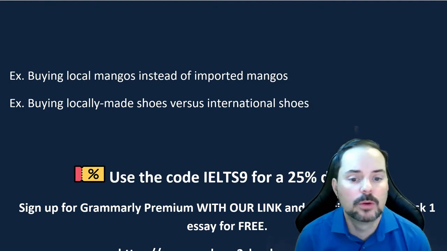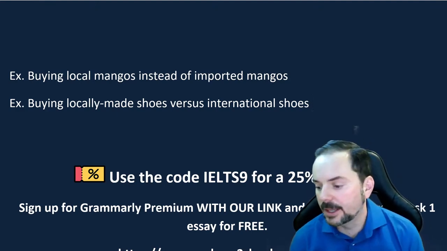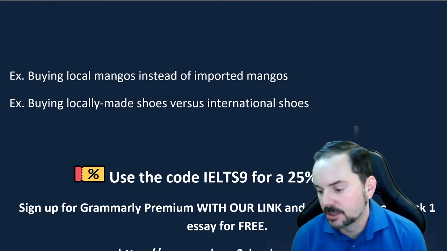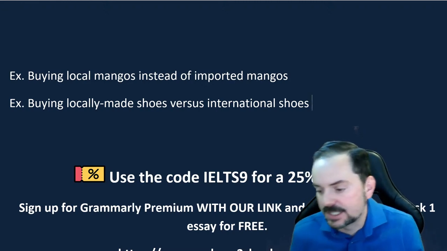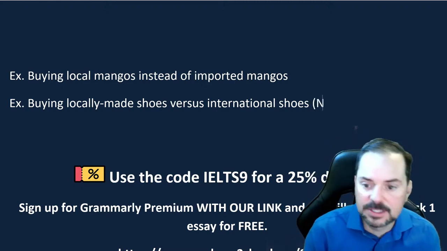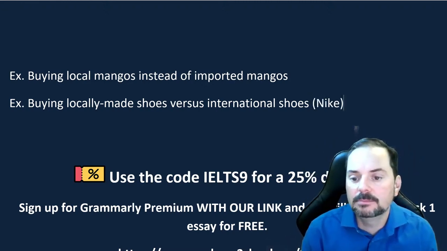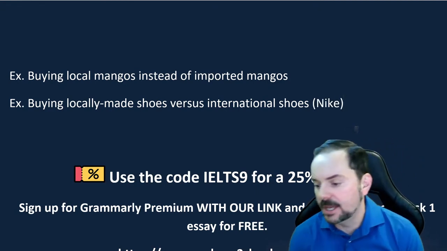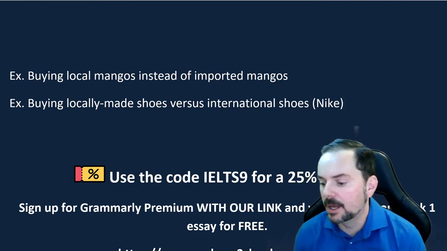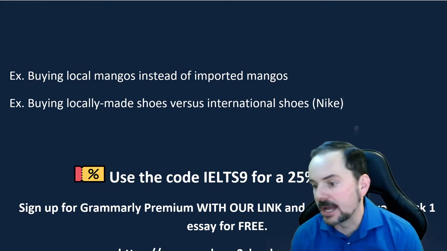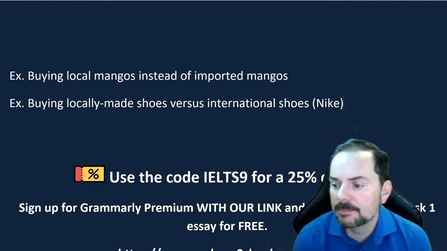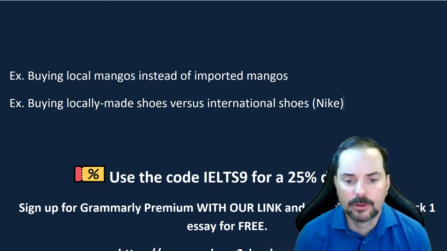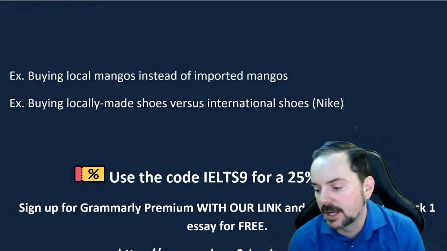All right, so what would be an international pair of shoes? Het Mystery says Nike. Sure, why not? Keep it simple, right? Nike. Now, there could be other products, absolutely, like beer as well. But now that we've got a couple, let's just stick with these.